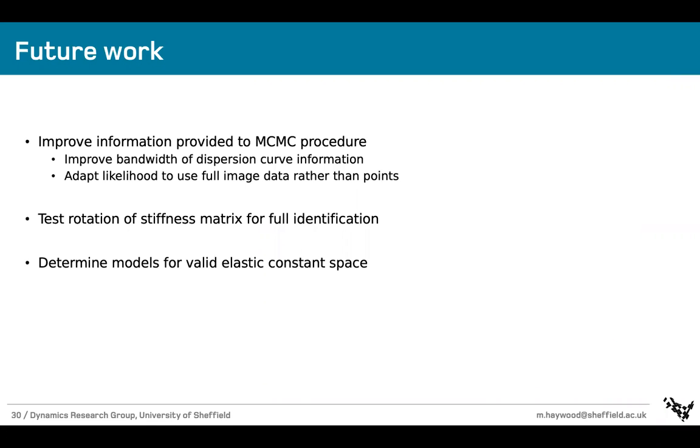The first thing that I want to do is improve the information that is provided to the actual procedure. So improve the bandwidth of the dispersion curve information, especially if we want to include higher modes as well. I'd also quite like to adapt the likelihood to use full image data rather than individual points.